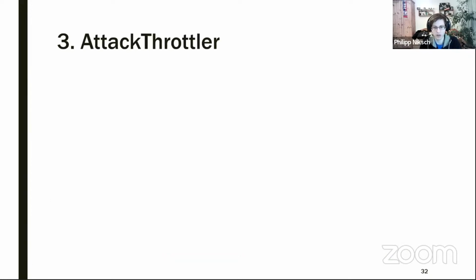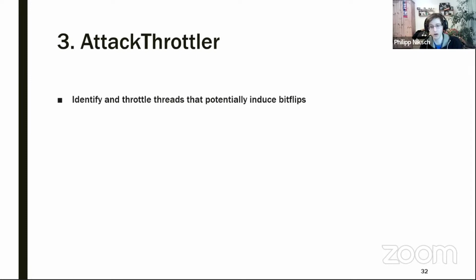We will now start talking about the second main component of BlockHammer. RowBlocker alone is enough to ensure that no bit flips occur. The job of AttackThrottler is to identify threats that look like RowHammer attacks and to throttle their memory bandwidth.